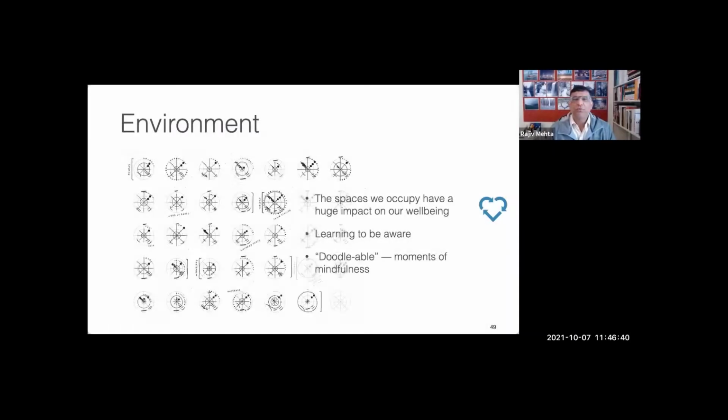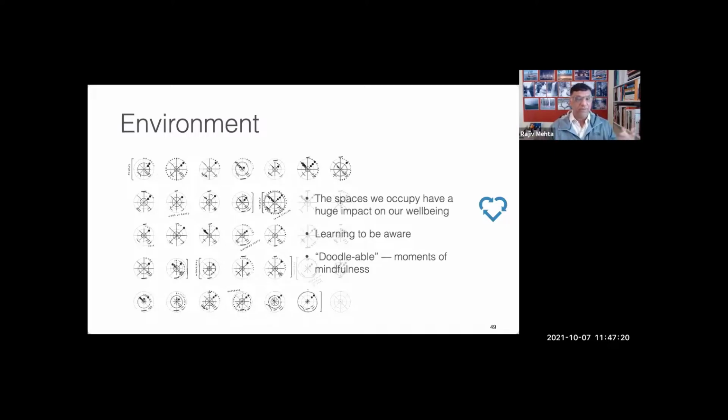The environment tool is a moment of mindfulness about the space that you're in. What's the quality of light and the messiness and the sound and so forth, and how conducive is it to you? How's it impacting your mood, your ability to focus, and so forth? And it's really about learning to be aware. There's no such thing as the right environment. For example, if you're having a romantic meal with your romantic other, you probably don't want bright lights.